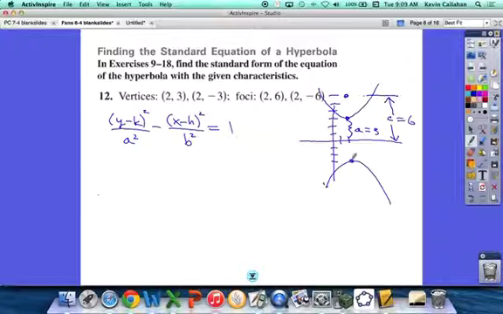Center is halfway in between these two, which would put it right there. So 2, 0 is the center. And we know what the a is, and we just have to find the b. How are we going to find the b? We're going to do c squared 36 equals a squared 9 plus b squared. So 27 equals b squared.